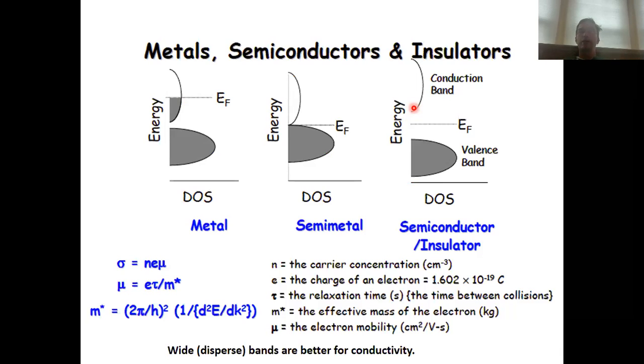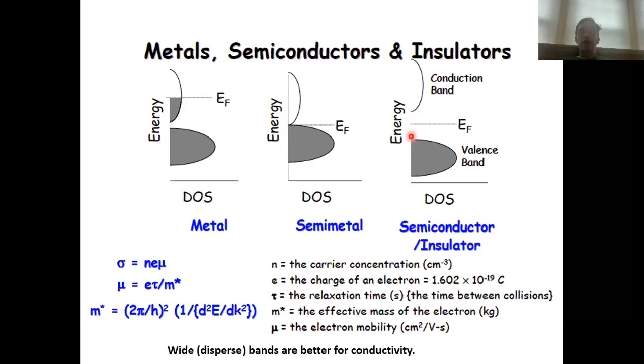There's no fundamental difference between a semiconductor and an insulator. It's just that when that band gap tends to be relatively small, below approximately 4 electron volts, then we call it a semiconductor. And when it's higher than that, we call that compound an insulator.